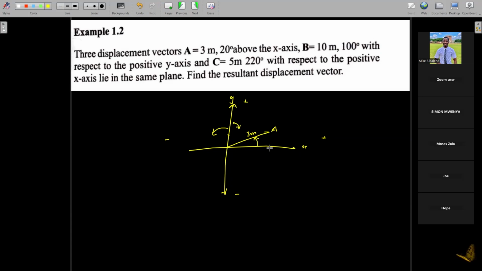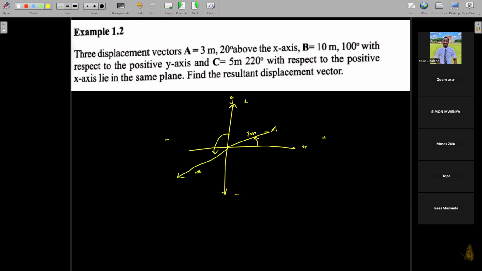It is the same when they say positive x-axis, I'm rising from x; negative x-axis, I'm going down like that. So same with your B. B is rising from the positive y-axis and coming down to that point. So I have 100 degrees and it is 10 meters.